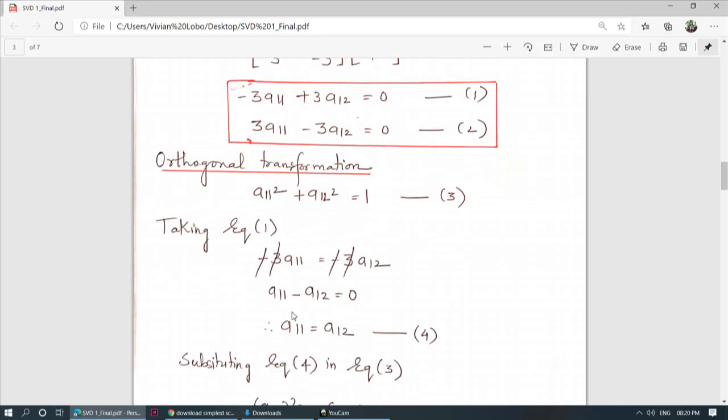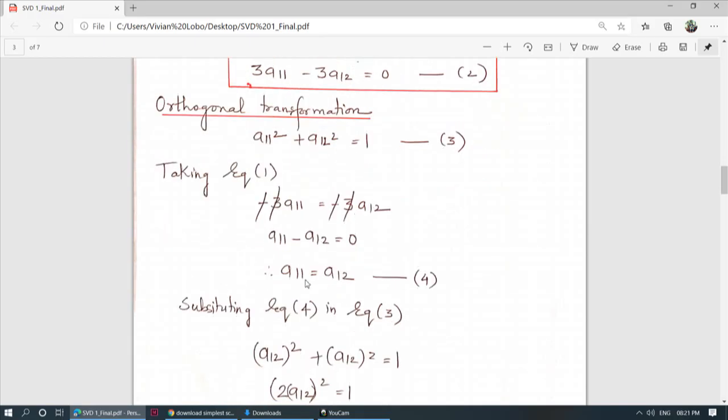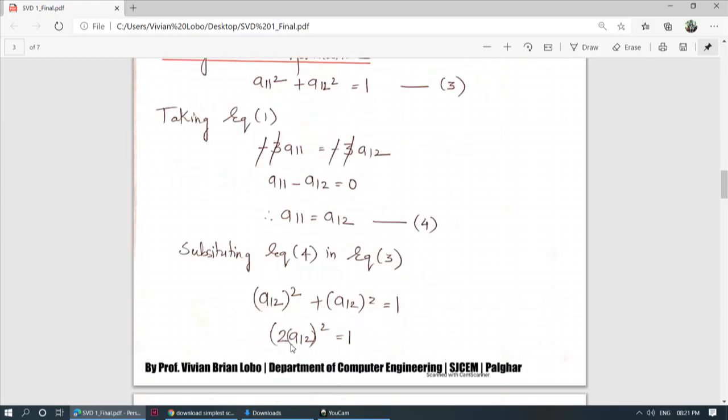So finally I get A11 is equal to A12. I am substituting this value in equation number 3. So A11 will now become A12, so A12 square plus A12 square is equal to 1, which is nothing but 2A12 square, which is equal to 1.